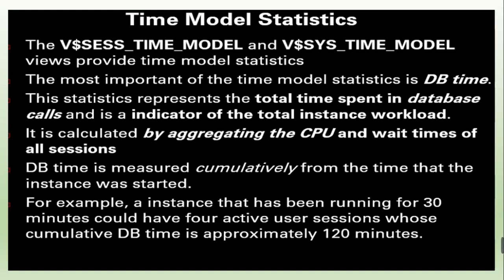DB time is measured cumulatively from the time that the instance was started. For example, an instance that has been running for 30 minutes with 4 active user sessions would have a cumulative DB time of approximately 120 minutes. So it is calculated like 4 into 30.